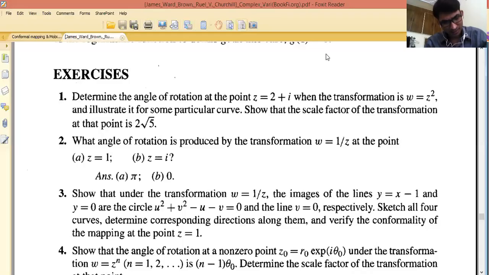We can see that u r is 1 upon r v theta, and u theta equals minus r v r. Therefore, this function is analytic everywhere except at z equals 0. At z equals 0 there is a problem, and there is no problem elsewhere.